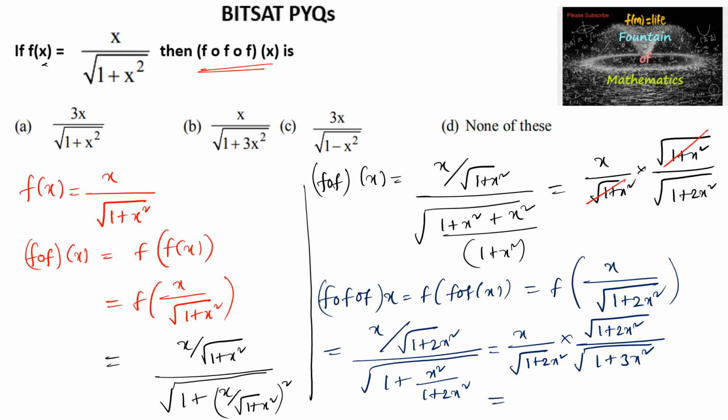So we may cancel under root of 1 plus 2x square here. So we are getting x upon under root of 1 plus 3x square, which is option B. x upon root of 1 plus 3x square is answer B.